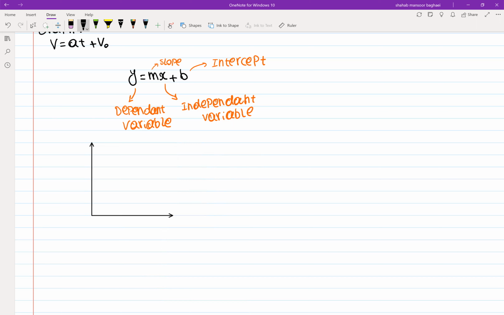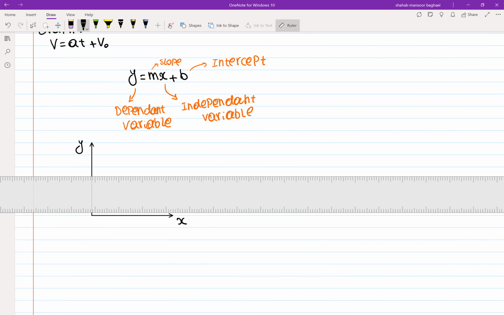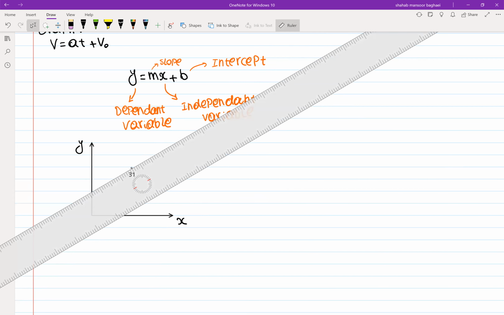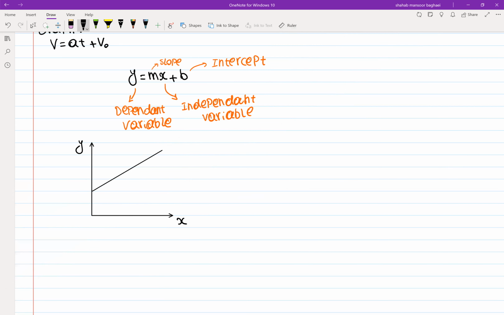The independent variable should be on the horizontal axis. That's x. The dependent variable should be vertical. Therefore, you have an XY coordinate system here. Okay. You can plot this line like this.